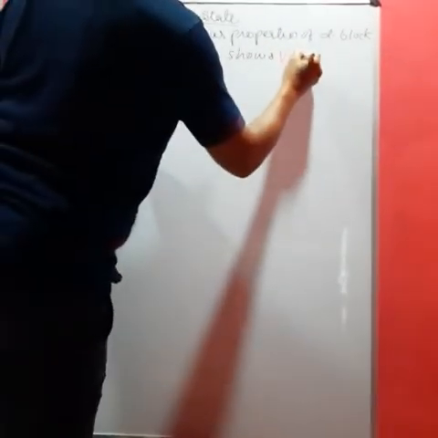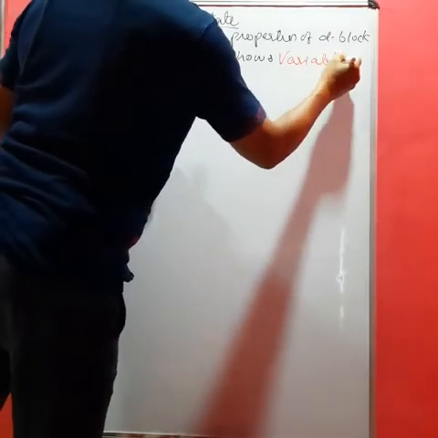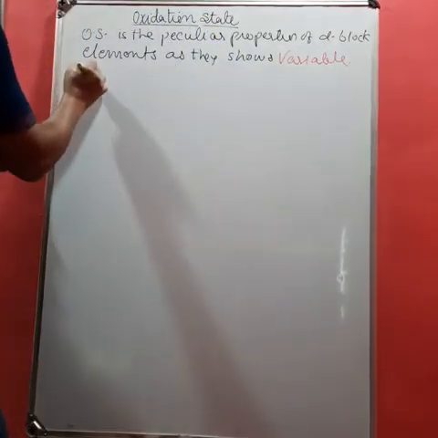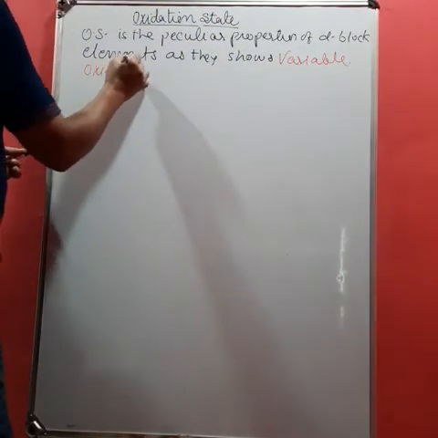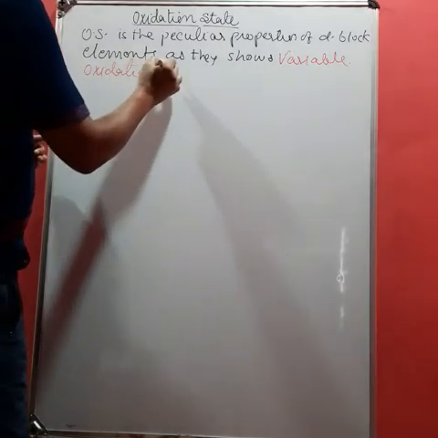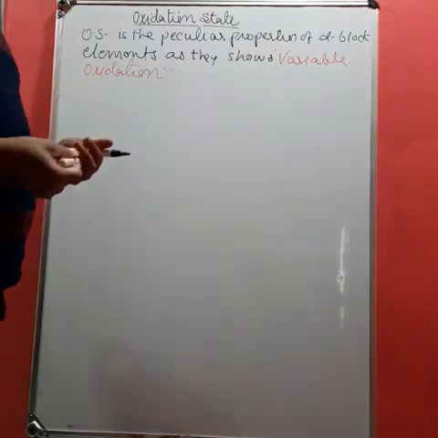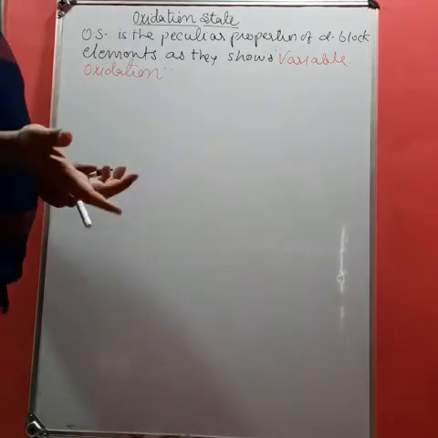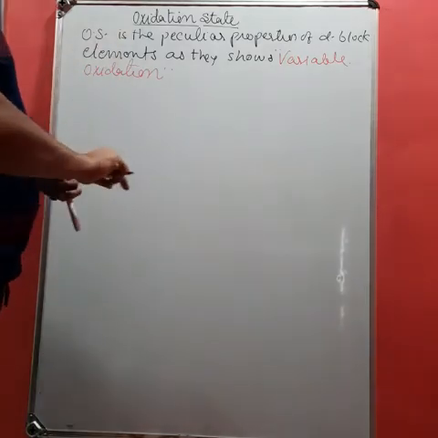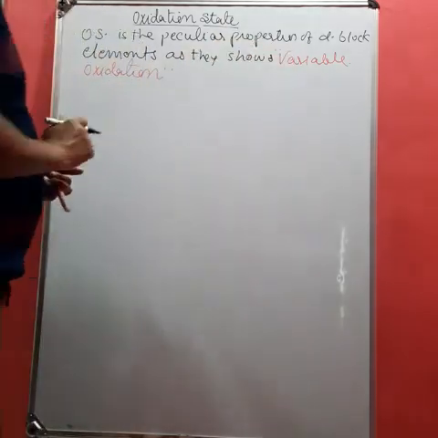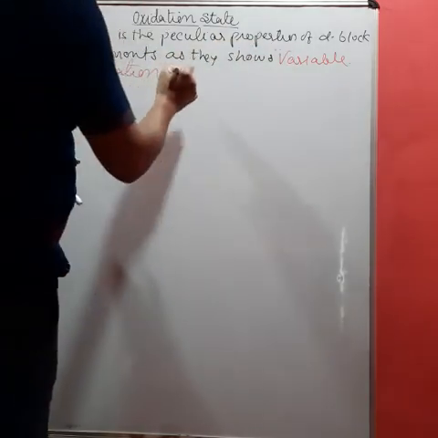This is the very important thing. Now, what is the meaning of variable oxidation state? It means the same element can show many oxidation states. This is called the variable oxidation state.